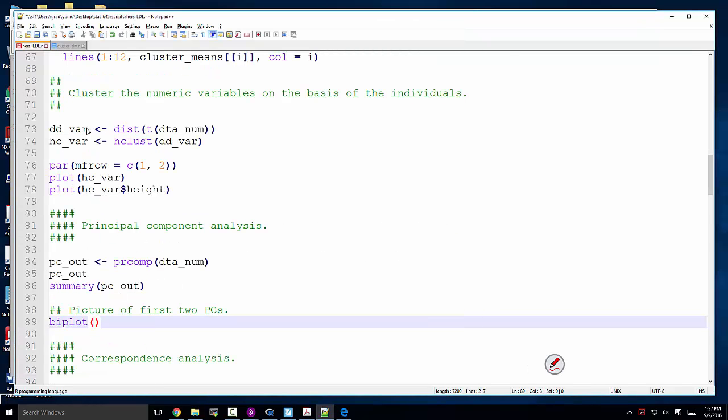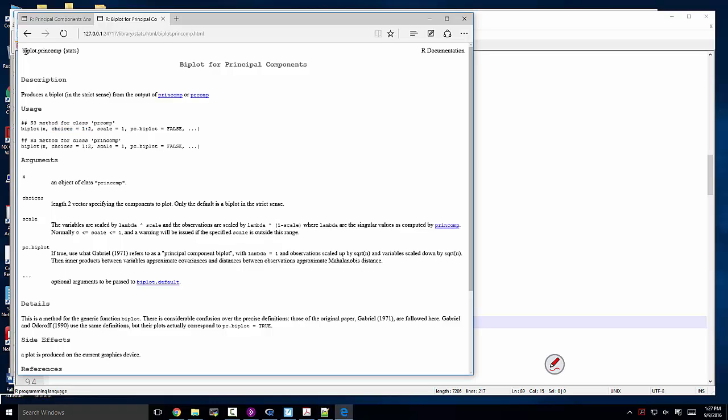Biplot PC out. Just FYI, the help file is for a function called biplot.prcomp. It's a special method of a general class of functions. There is a general function biplot, and it will do different things depending on the type of variable you pass to it.